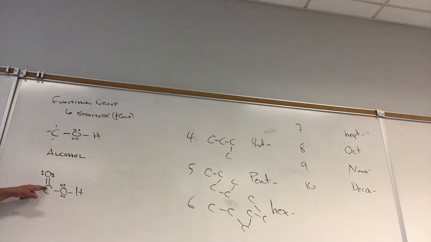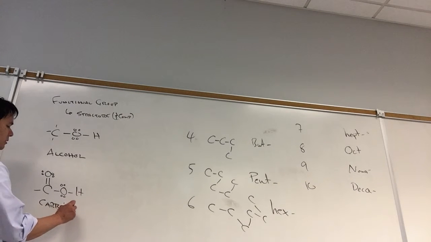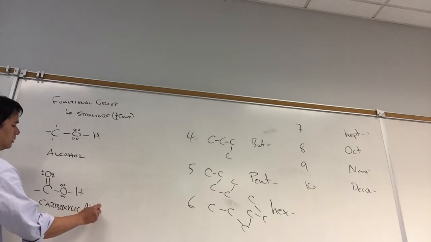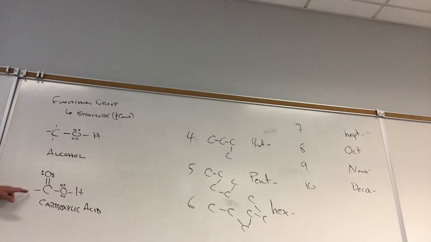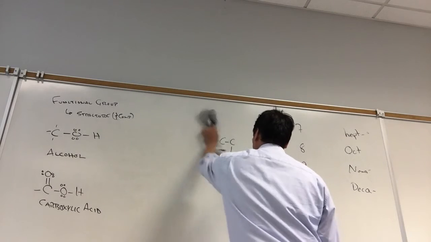If we have a double bond on this oxygen to the carbon, it makes this alcohol behave a lot differently. And so this one is no longer an alcohol, it's a carboxylic acid. Well, these dangling bonds are bonded to something else, usually another carbon or a hydrogen. Could be bonded to other stuff. And so those are common functional groups.